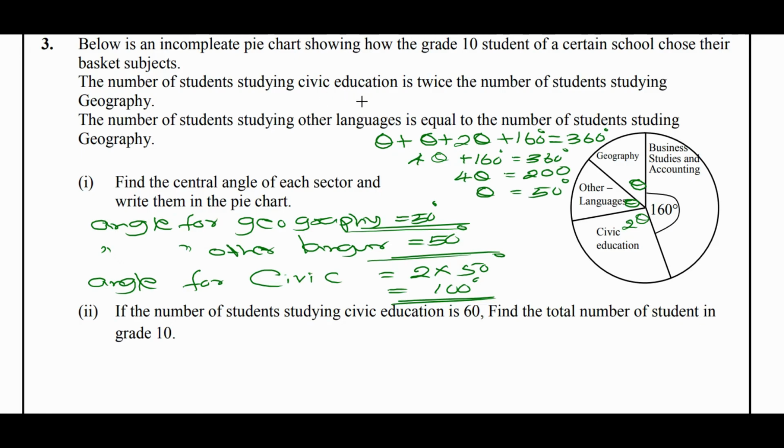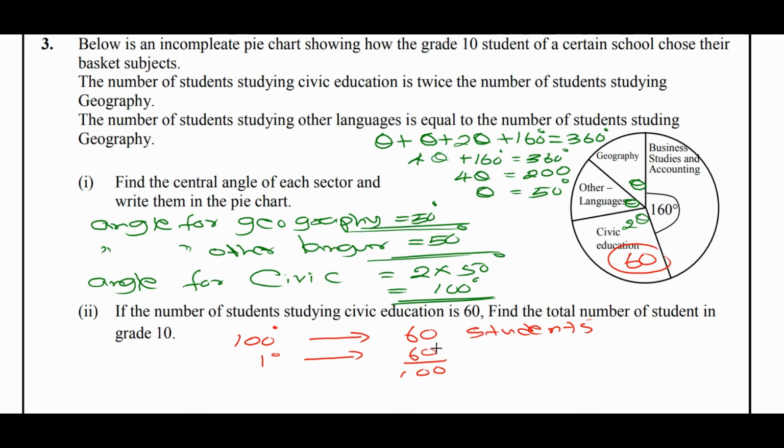Part 2, if the number of students studying civic education is 60, that means this 100 degrees represents 60 students. Find the total number of students, which means find the amount represented by 360 degrees. Then I can write 100 degrees represent 60 students. Then 1 degree represents 60 divided by 100.